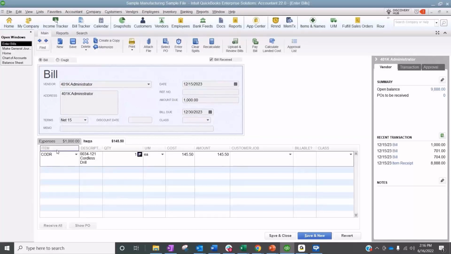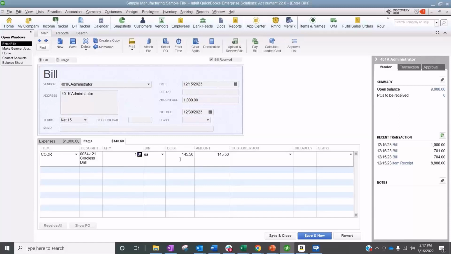In a lot of other softwares, not all of them, they will have the item and the GL account code that it affects showing on the screen. In QuickBooks, it doesn't do that. You can get it to report, which I'll show you in a second, because QuickBooks is trying to be more simple. The less data that you put in front of people, the less they have to think about it and worry about it. And the item was set up appropriately, so why do we need the GL account code? Why do we need to put it there?